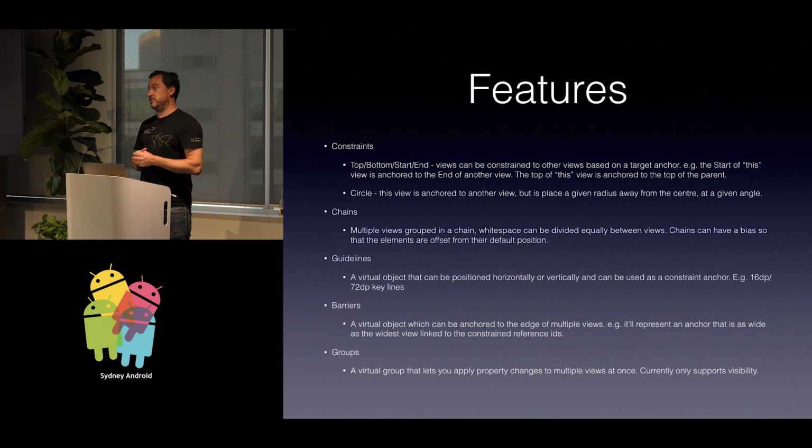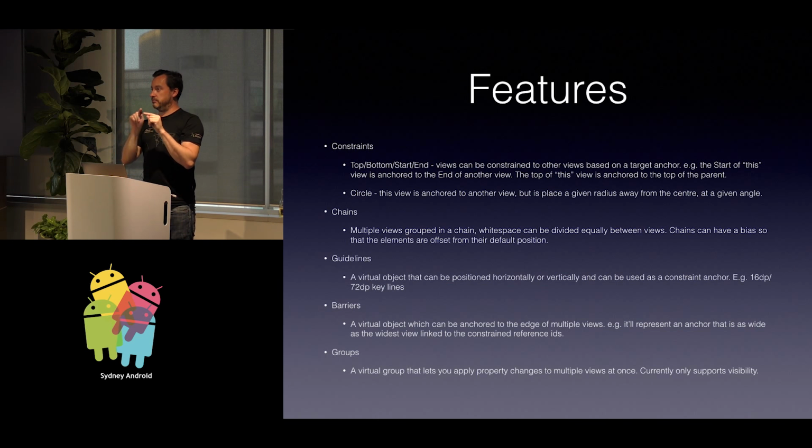And finally, you can have a concept of groups. You might have a group in a layout at the moment where you have a child nested within a linear layout or a relative layout, and you can apply visibility to that layout, and all the children will disappear when you change that. A group on constraint layout, again, is a sort of virtual object. You don't have to wrap the group around the children that you want to reference.